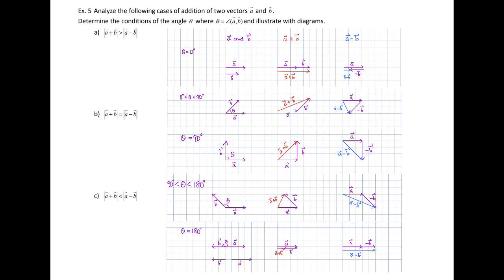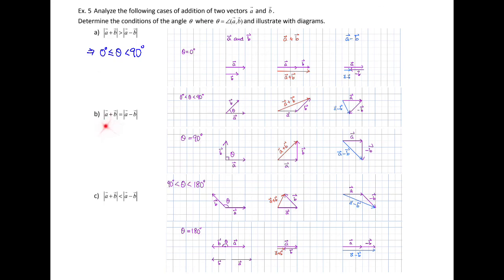So therefore, we can make the following conclusion. The magnitude of the resultant of vector A plus vector B is greater than the magnitude of the resultant of vector A minus vector B when the angle theta is 0 degrees or an acute angle.